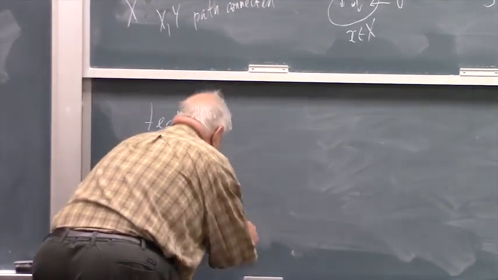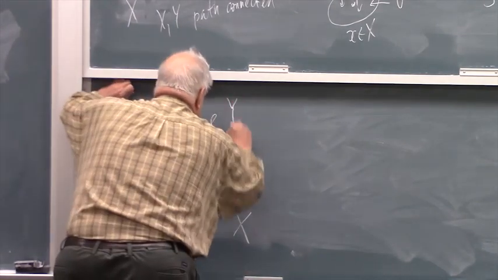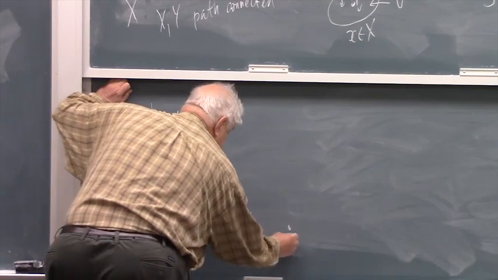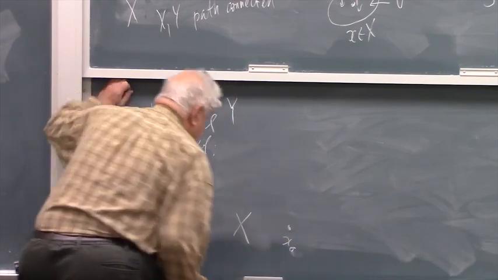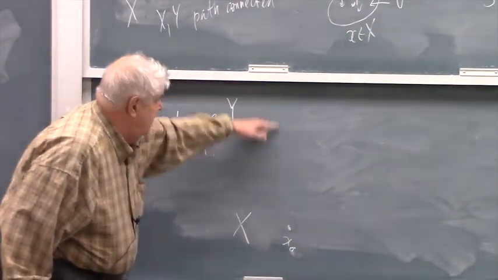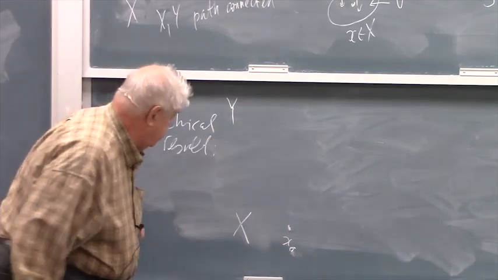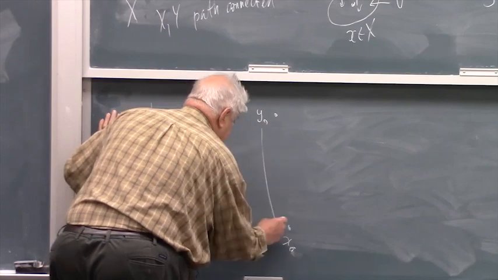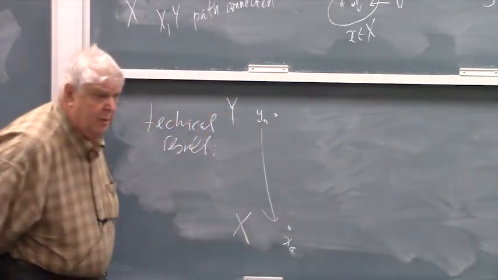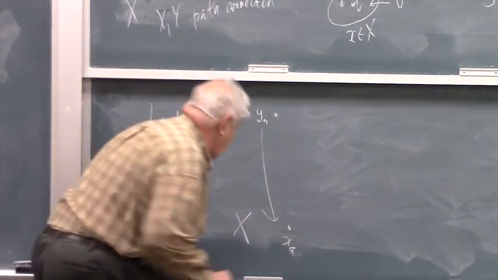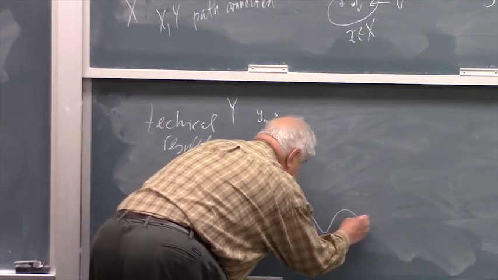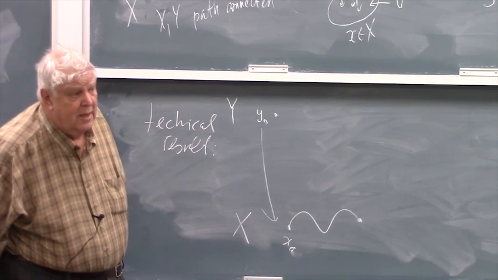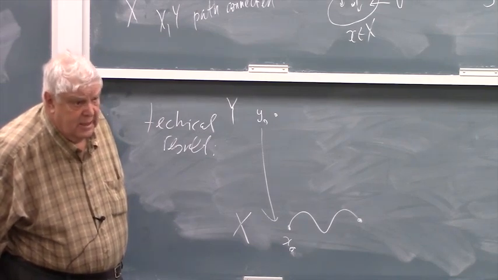Again it is X, it is Y. Take an arbitrary point x0 in X, take one of its inverse images, so a point y0, which is mapped onto x0 by P, and an arbitrary path here, which begins at x0 and ends wherever it wants.